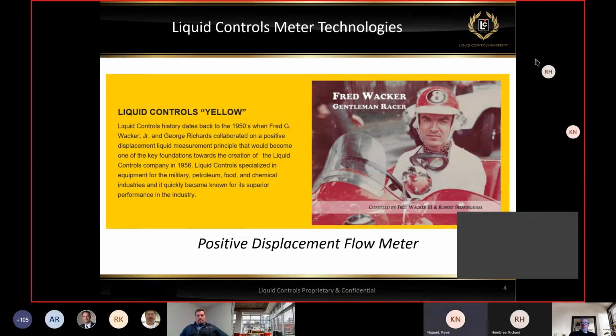He collaborated with George Richards and created the Liquid Controls positive displacement measuring principle. That measurement principle has been a success in many different industries, whether it be military, petroleum, food, and chemical, and became known for its superior performance as well as accuracy.